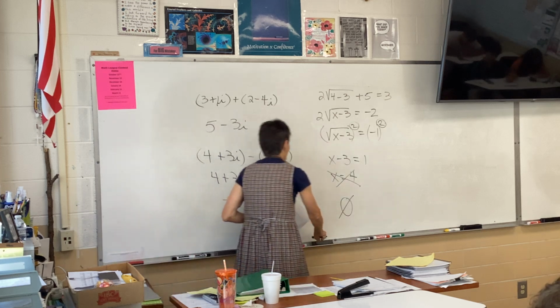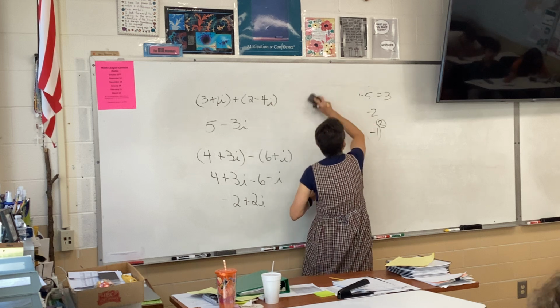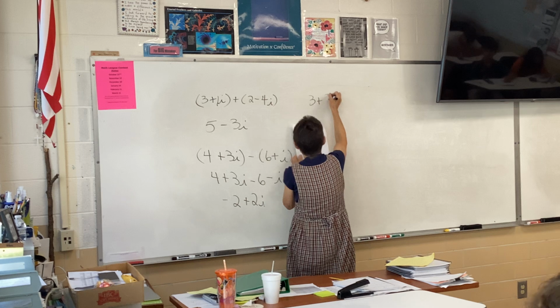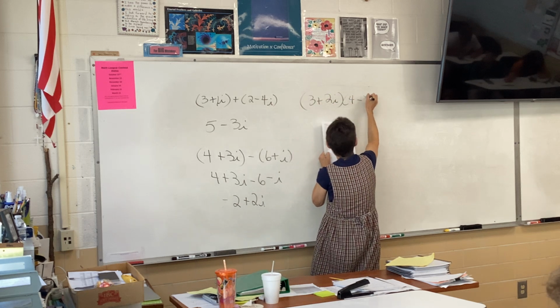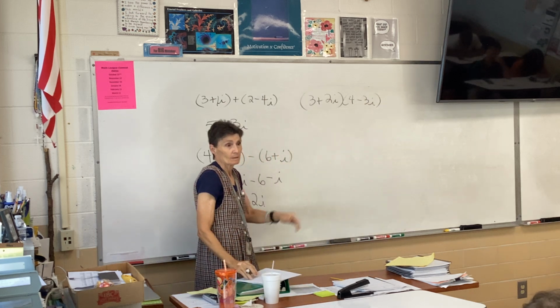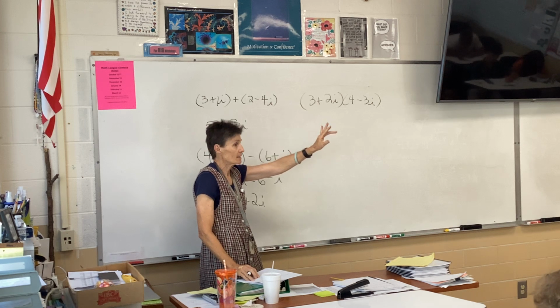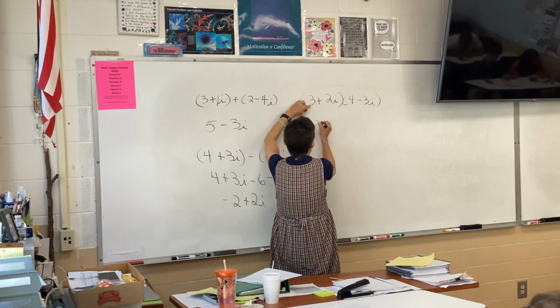What about C? What are we gonna do with C? I heard somebody say it. FOIL it. You got a parentheses times a parentheses. We're gonna FOIL that. FOIL, what's it stand for? First, outside, inside, last. So here we go. First would be 12.